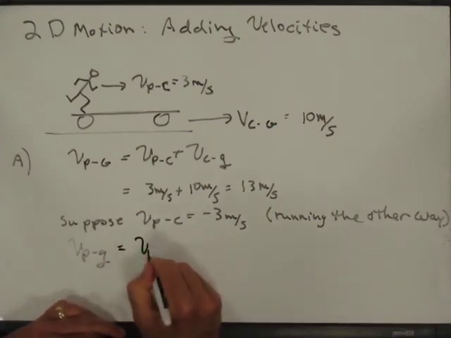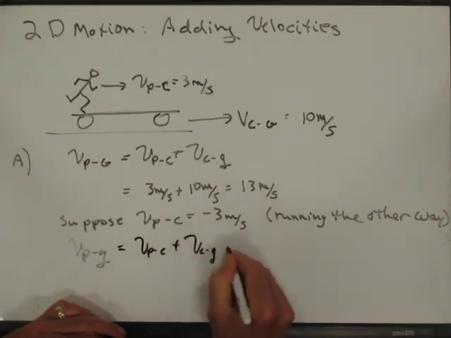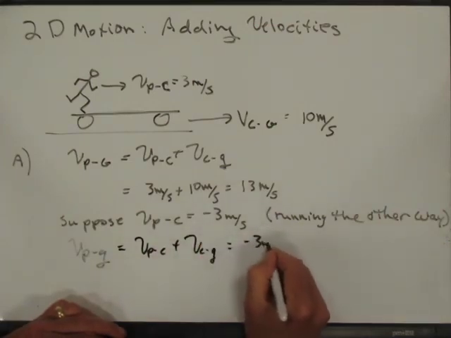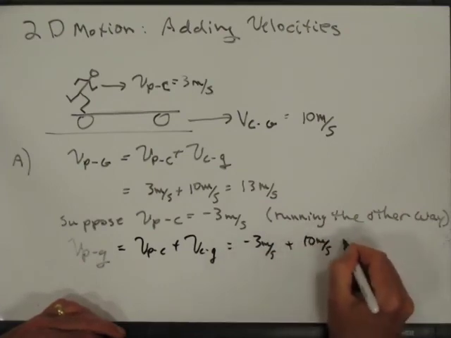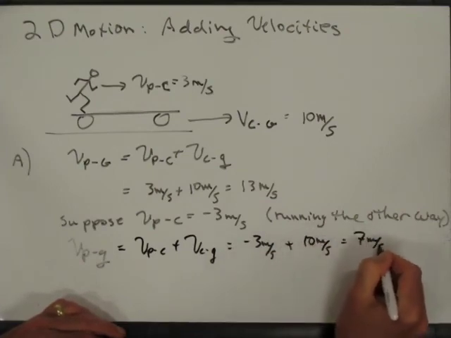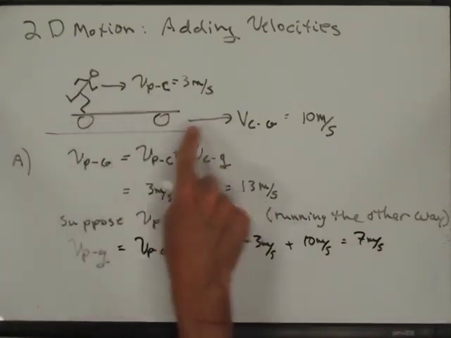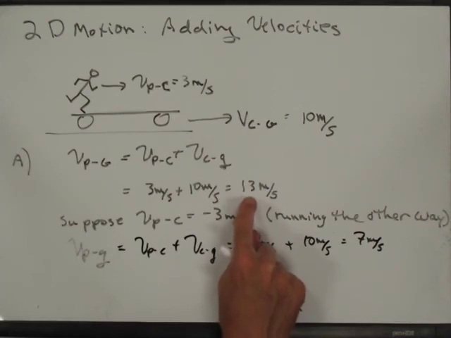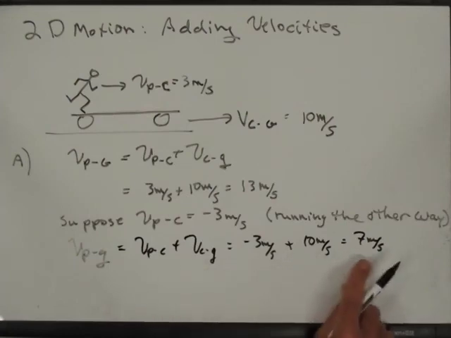It's the velocity of the person relative to the car plus the velocity of the car relative to the ground, except now it's minus 3 meters per second plus 10 meters per second, or 7 meters per second. If the person's running in the same direction as the car is traveling, they're going to be moving faster relative to the ground than the car is. If the person is running in the opposite direction, then relative to the ground, they'll be moving slower than the car is.